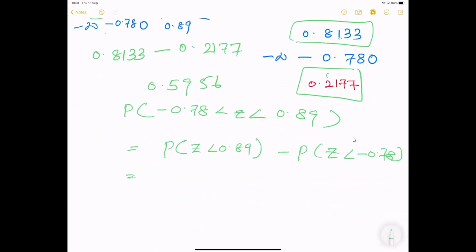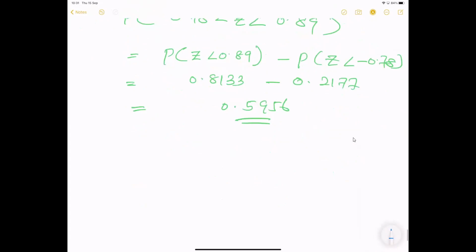By using this one, we can find this one: 0.8133 minus 0.2177, 0.5956. That is the answer.